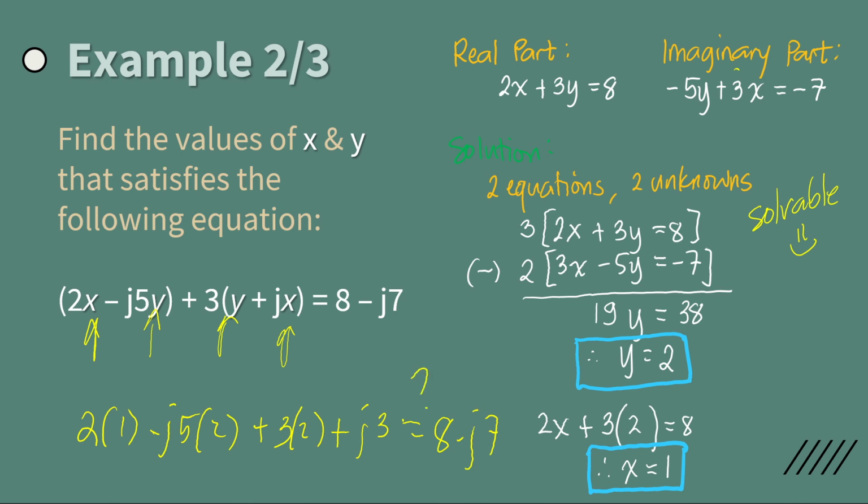So you have 2 plus 6, so this is basically the real part, and this one here is 8. Then you have negative 10 and then plus 3, so this is negative j7. So therefore this is equal to 8 minus j7.